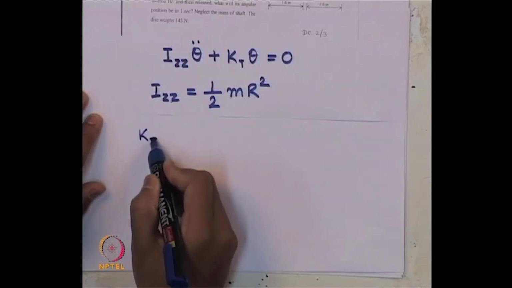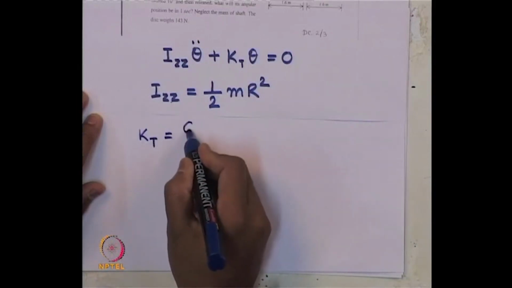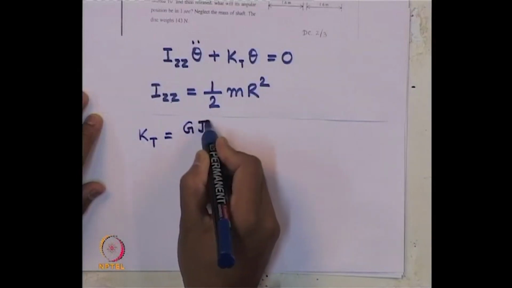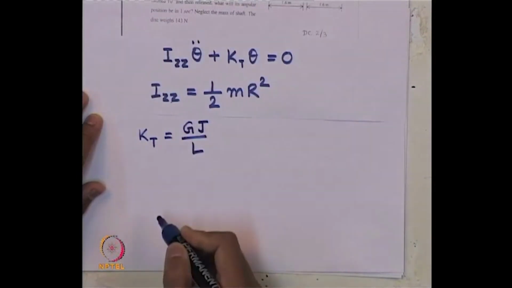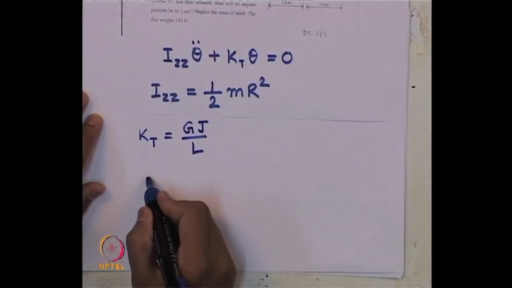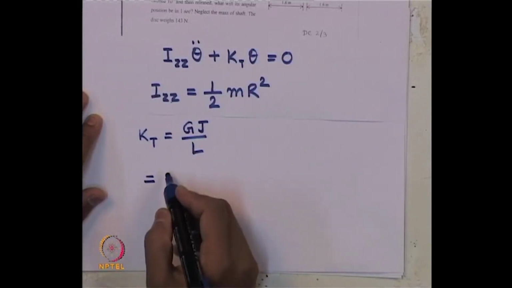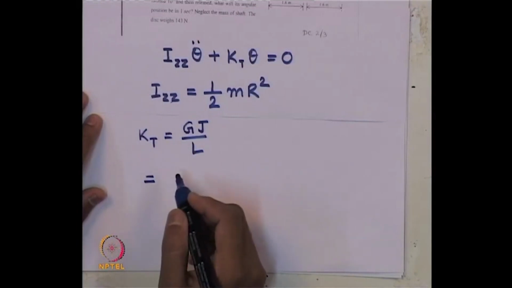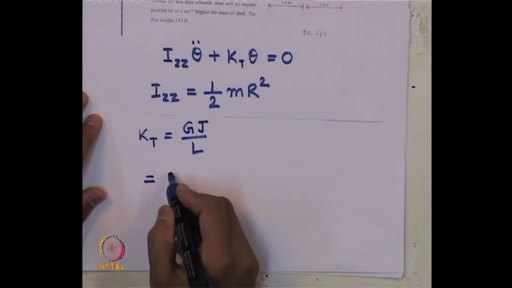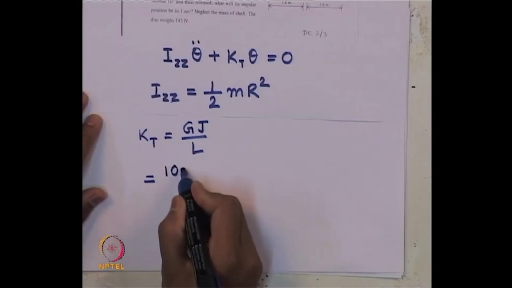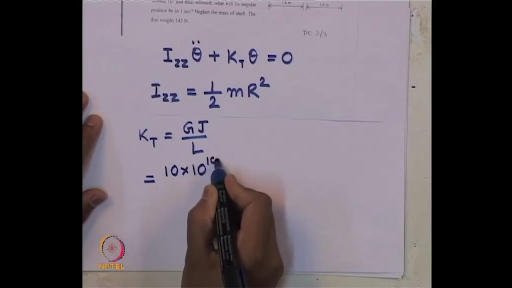The expression for k T we have seen is G J by L. From two shafts it will be, how much is G? G is constant for both the shafts, it is 10 into 10 to the power 10.